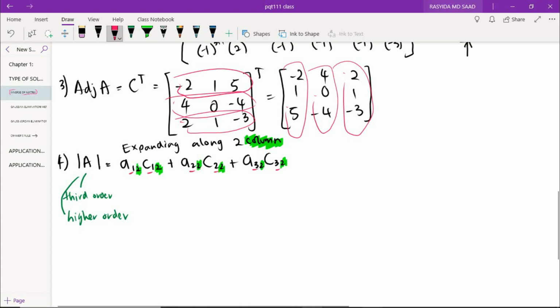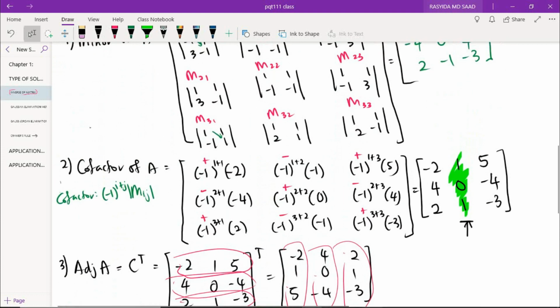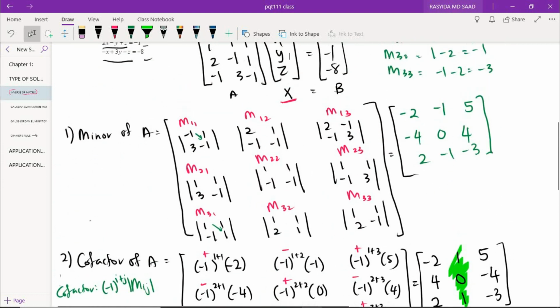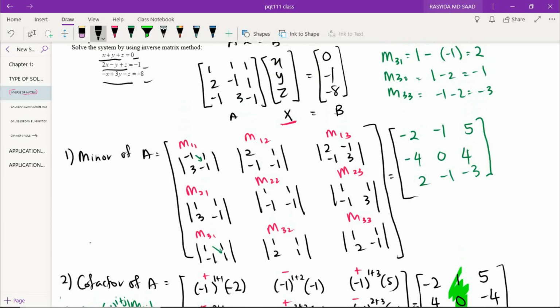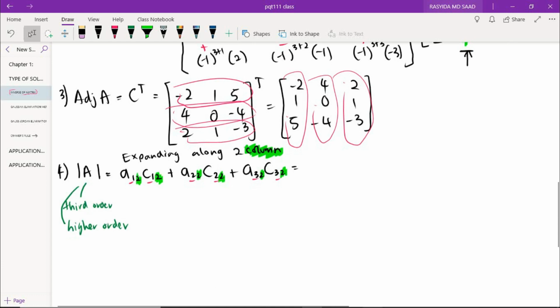So just substitute the elements of A and the cofactors of A for column 2. The elements of A are 1, negative 1, 3.